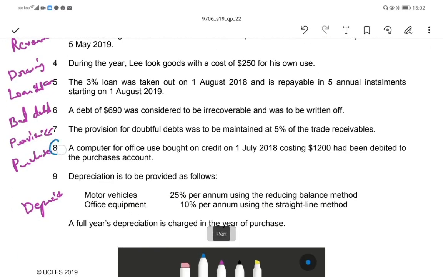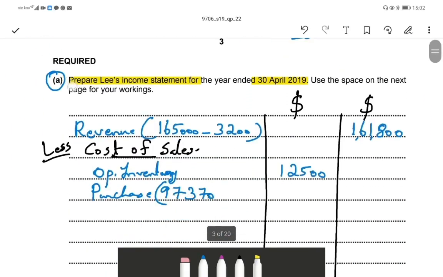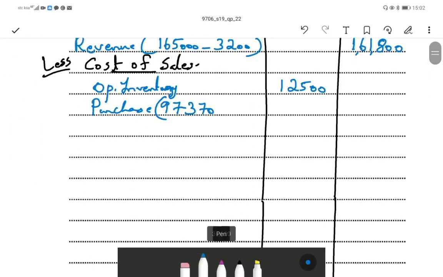We have purchase a computer for office use bought on credit 1st April 2018 costing 1,200 had been debited to purchase account. Actually that is an asset, but they have put as a purchase. So what we have to do? 1,200 we have to deduct.